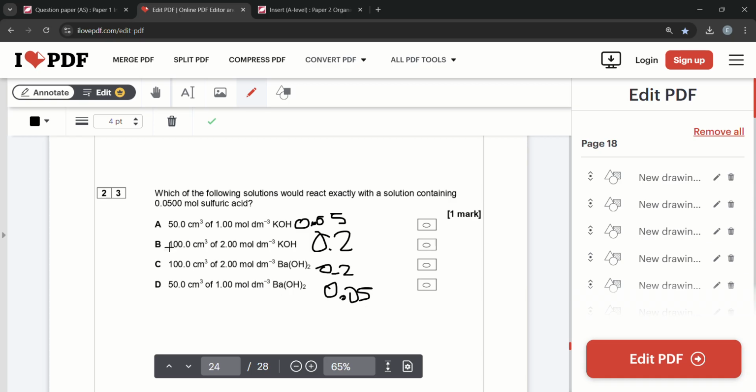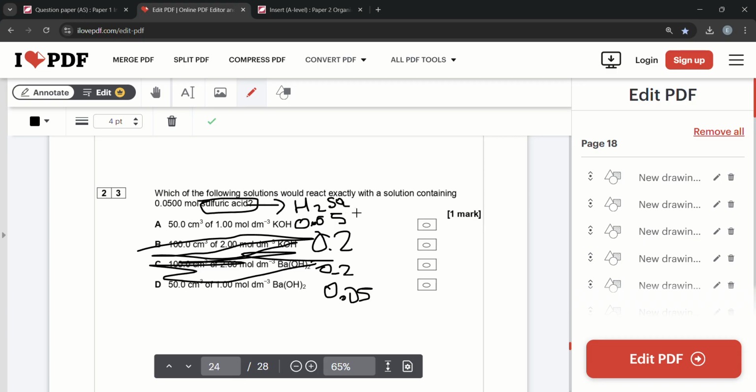And now if we look at it, well, obviously it's not going to be B or C, but A and D both have the same amount of moles, 0.05. They've got same concentration, same volume. However, this is with sulfuric acid, and sulfuric acid is H2SO4.